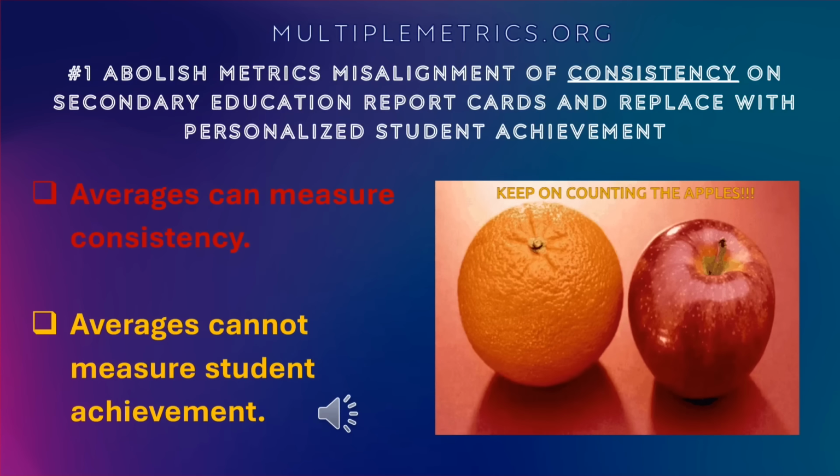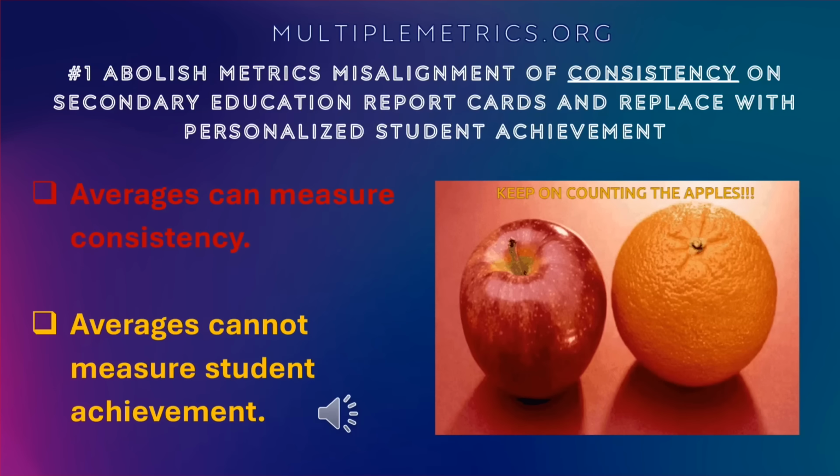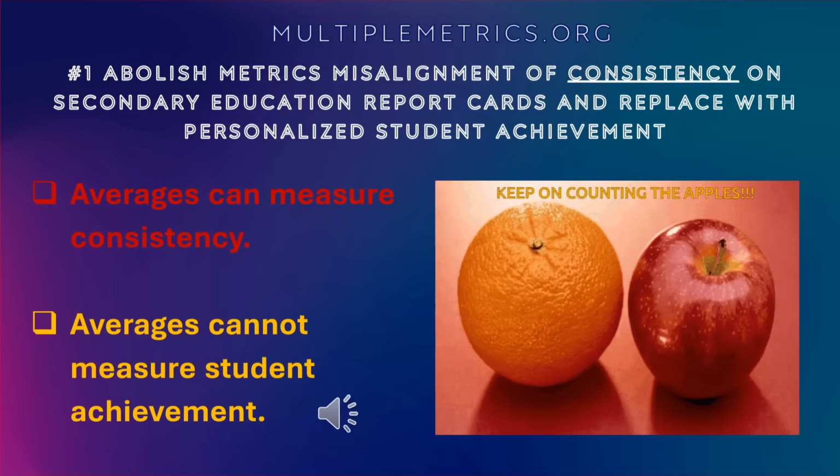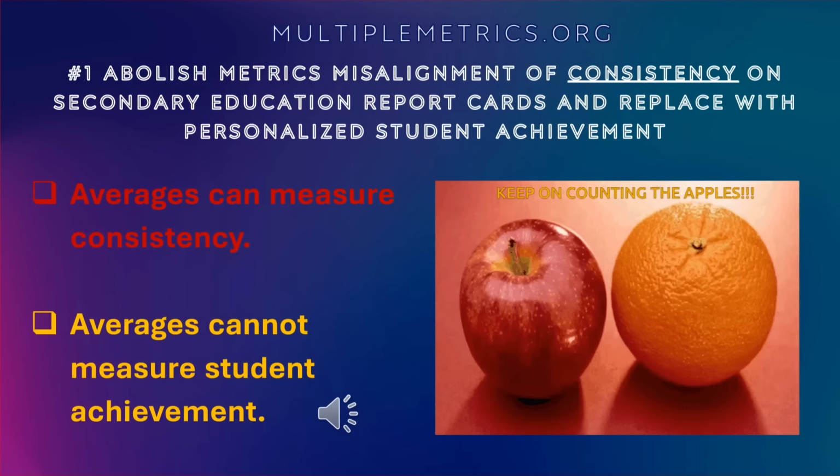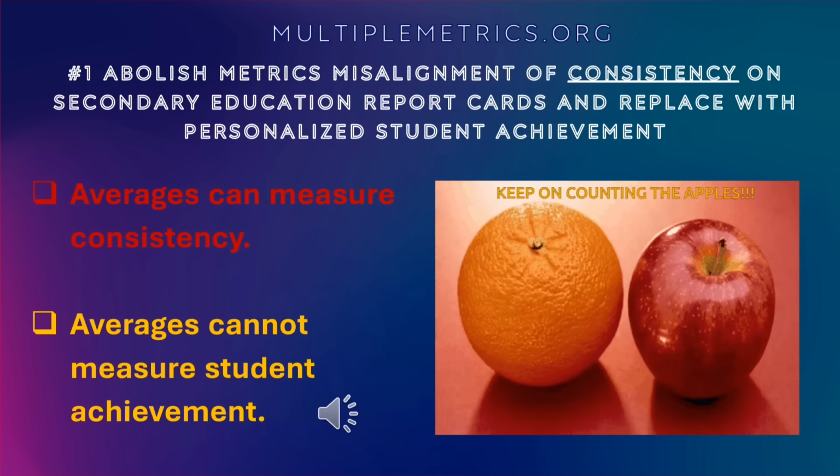Cannot. So why do we think that in our classroom, or in our school building, or in our school district, we have to take a knee to a historical public educational system metrics misalignment that was never required to show statistical significance for what it's doing or claiming to measure?